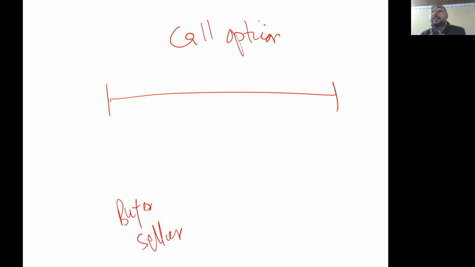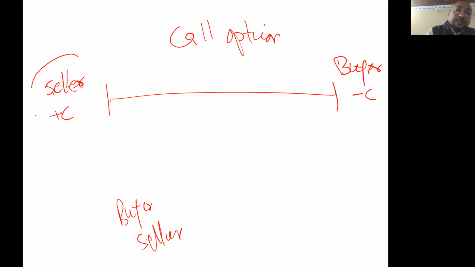If I am the seller of the call option, it means I would be receiving the premium from the buyer, and the buyer would be paying the premium. So my question is, why did I enter this agreement? The time period is 30 days.